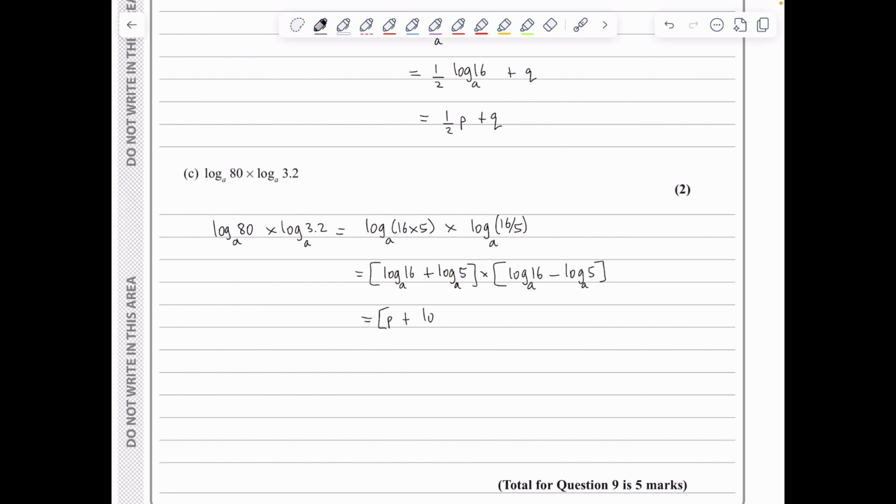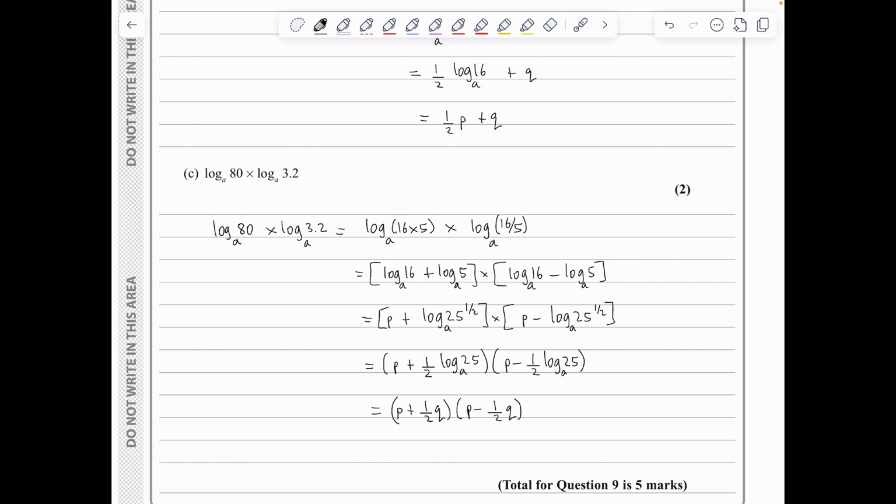So we've got plus log of 25 to the power of a half base A. And similarly here, we've got P minus log of 25 to the half base A. Now the half can come down, so we're looking at P plus a half log of 25 base A times P minus a half log of 25 base A, which is of course P plus a half Q, the first bracket, times P minus a half Q. It's okay to stop here, or I can proceed in expanding.